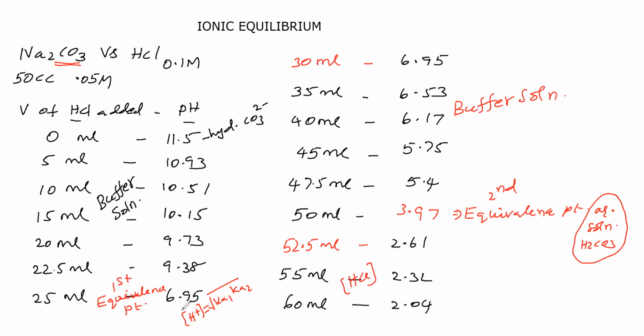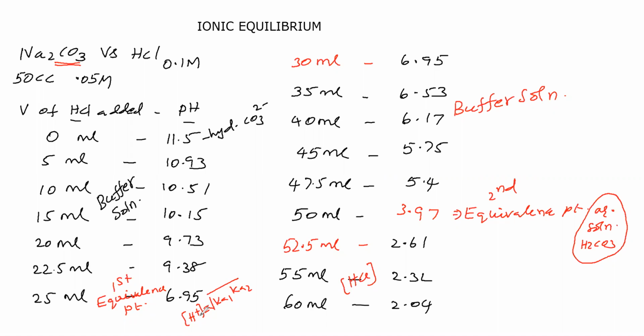Every point is okay, but why have you mentioned a special formula, concentration of H plus equal to the square root of Ka1 and Ka2, here alone? Because in this place the resultant solution contains bicarbonate. That bicarbonate is ambident, so it can act as an acid as well as a base.